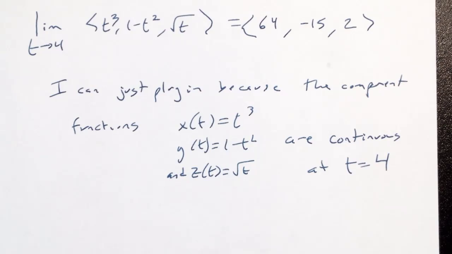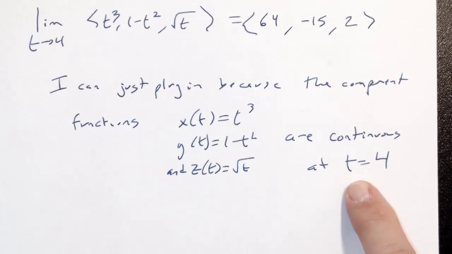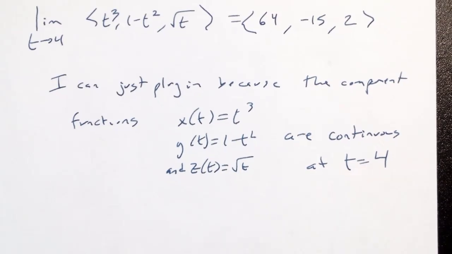A function is continuous if we have a limit at the value in question. We have a value, a y value or an output, at the value in question. And that limit and that value match.